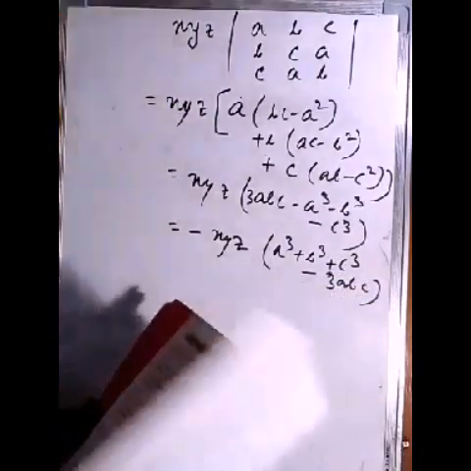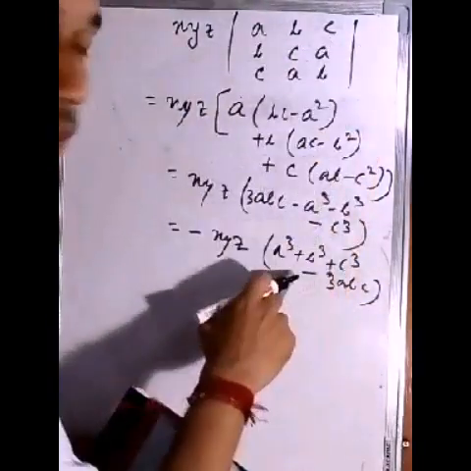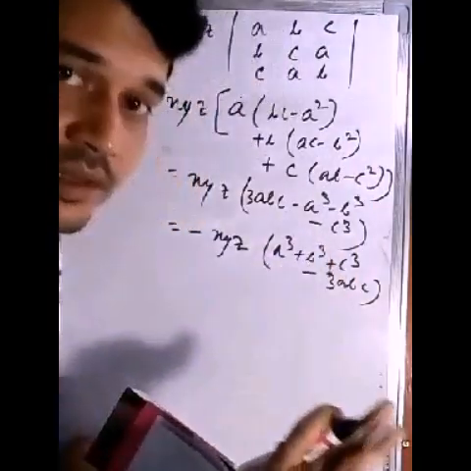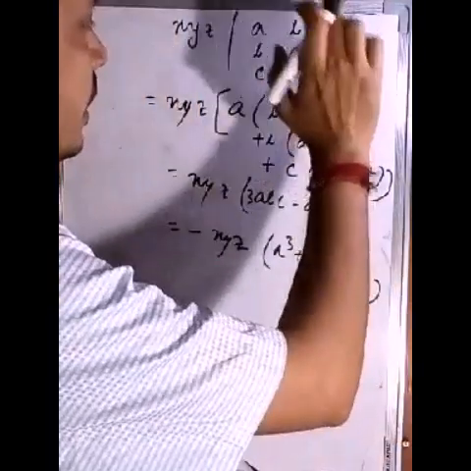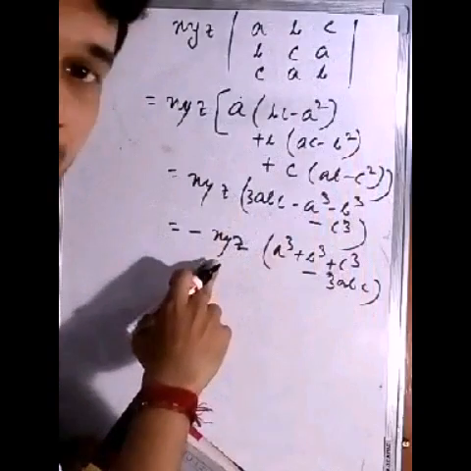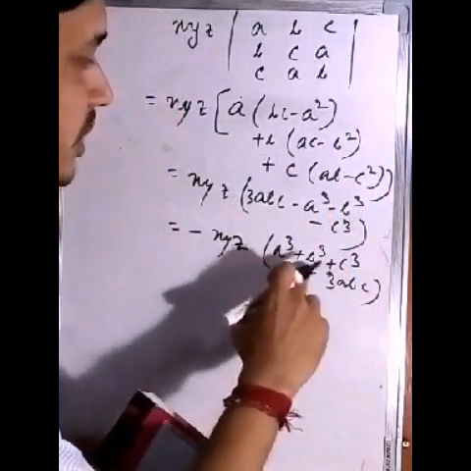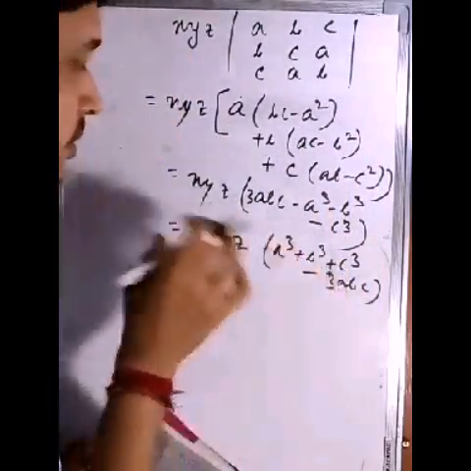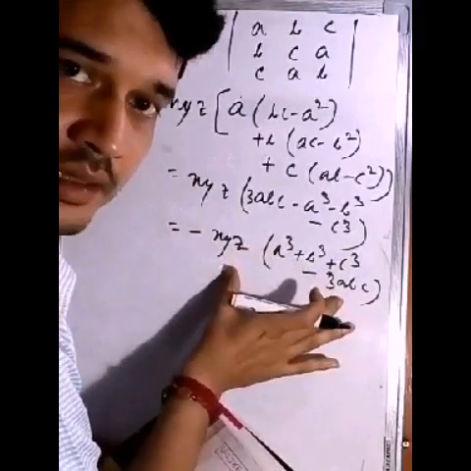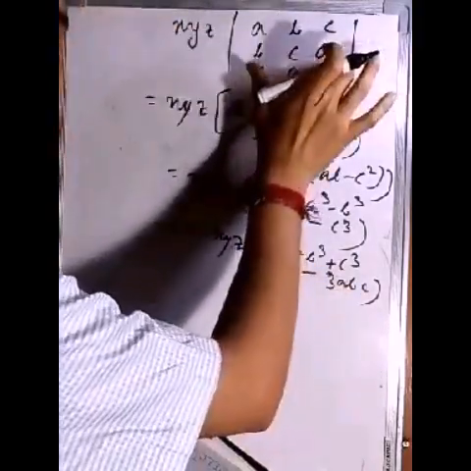So we get the result of this determinant equals to minus of, listen very carefully, there is a trick in this sum. The result of this determinant reduces to minus XYZ into A cube plus B cube plus C cube minus 3ABC. So this means if we want to get this result, this will be minus of this determinant.